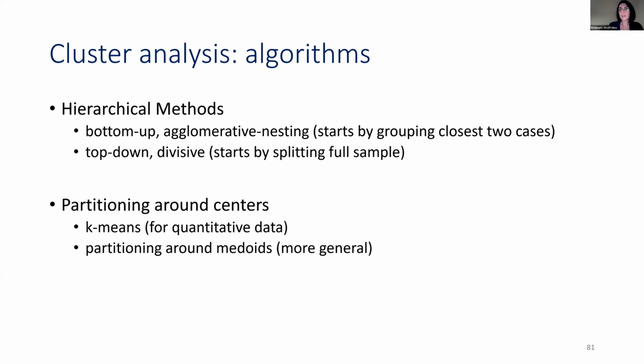Also, in this case, if you use other software that is not R, you might want to explore further options. But in most applications, hierarchical clustering relies on Ward's algorithm, and the partitioning around centers generally refers to partitioning around medoids.